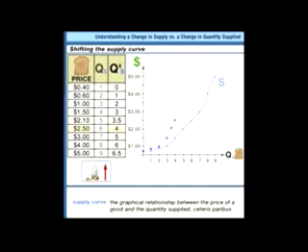4 loaves, $2.50. We get 5 loaves at a price of $3 per loaf. That's going to be this point in the diagram. And 6 loaves at a price of $4 per loaf. That will be this point in the diagram. And finally, we get 6.5 loaves at a price of $5 per loaf.